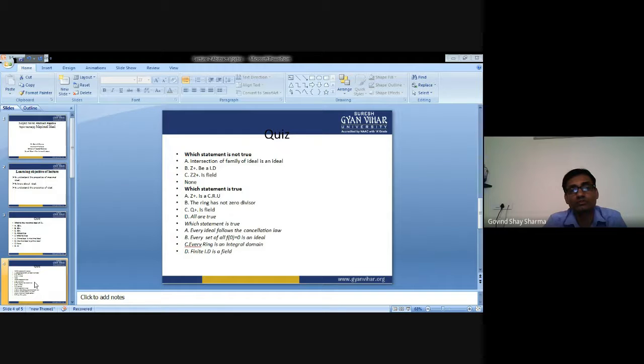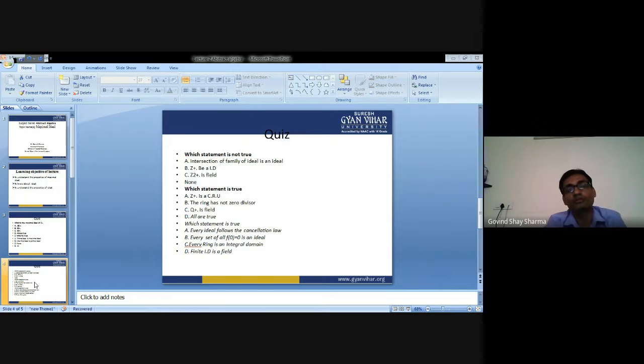Coming to a ring with unity being called an integral domain. Z plus has unity also. So B, I was confused, B is the right option. All options are true because Z plus is also an integral domain.